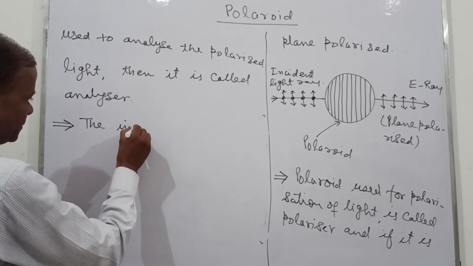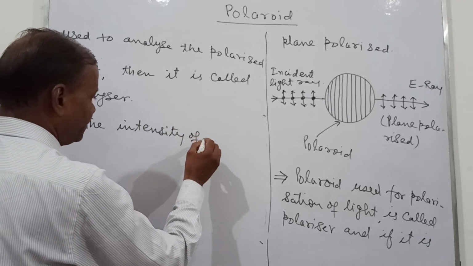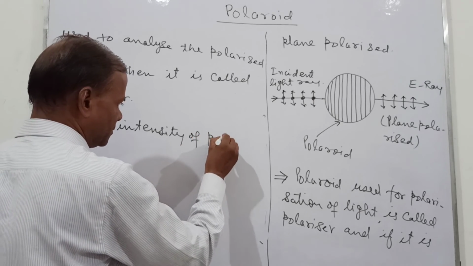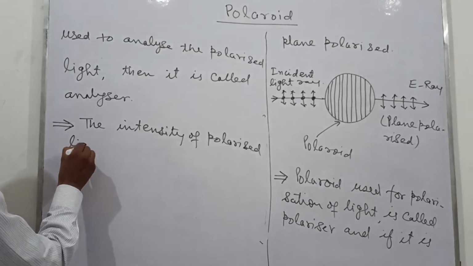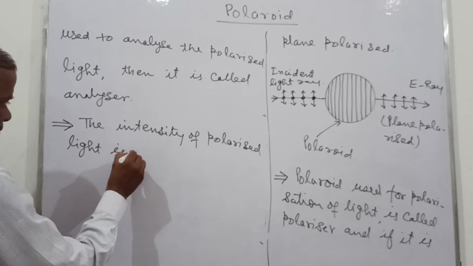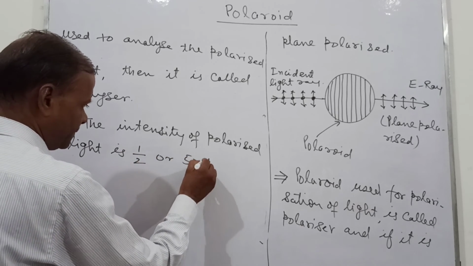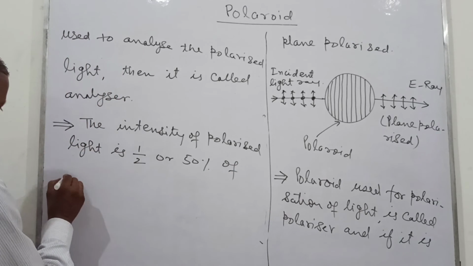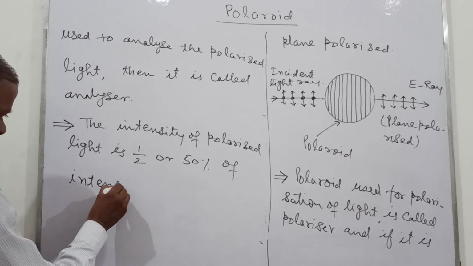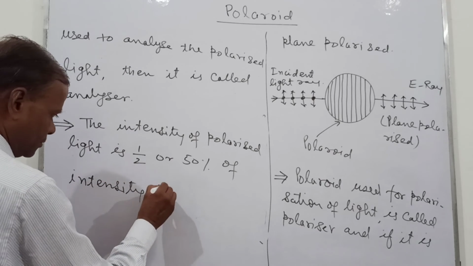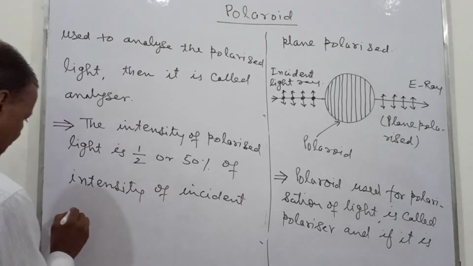The intensity of polarized light is half, or 50%, of the intensity of the incident light ray.